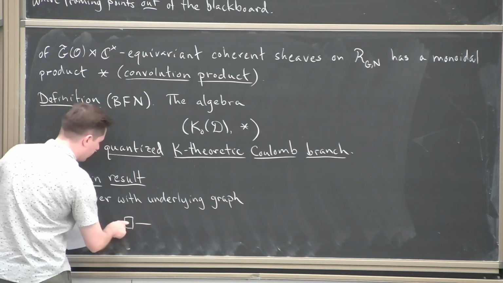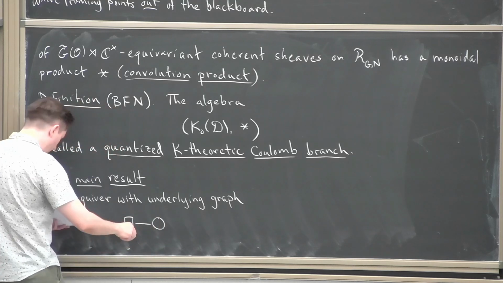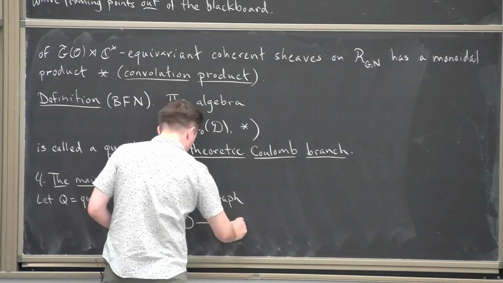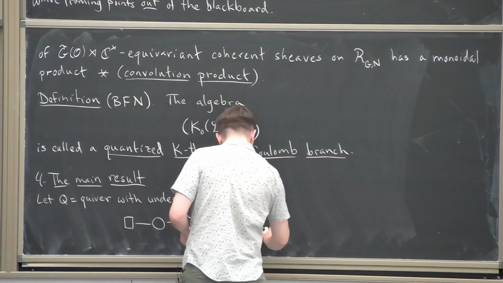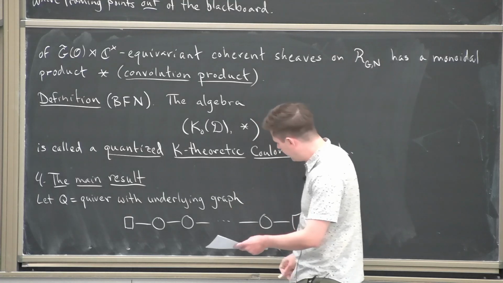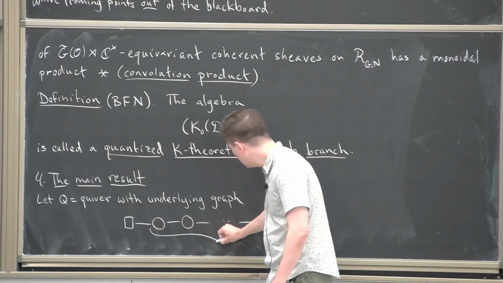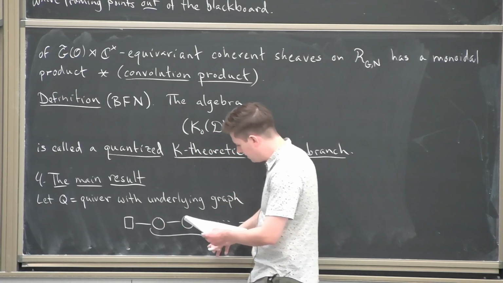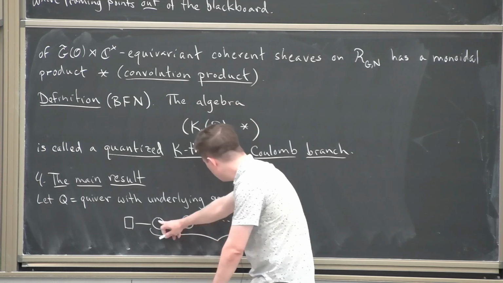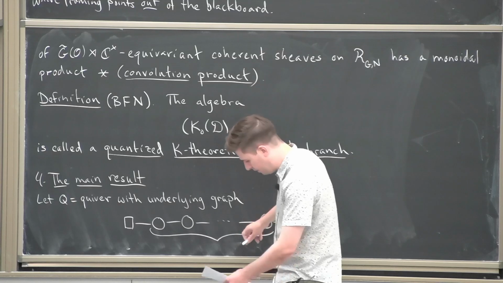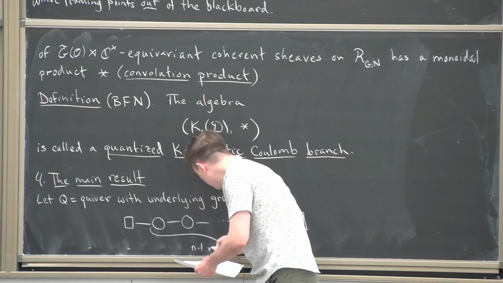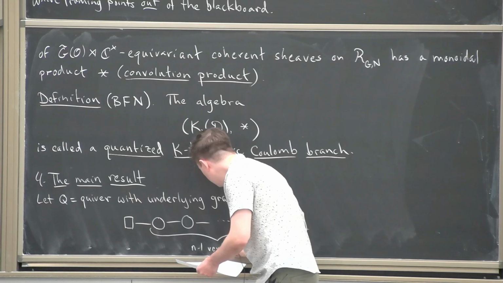I'll draw some of the vertices as squares and some of them as circles because these play different roles in our story. So we have some quiver of type A. Let me assume that the number of circular vertices is n minus 1. So here you have n minus 1 vertices.